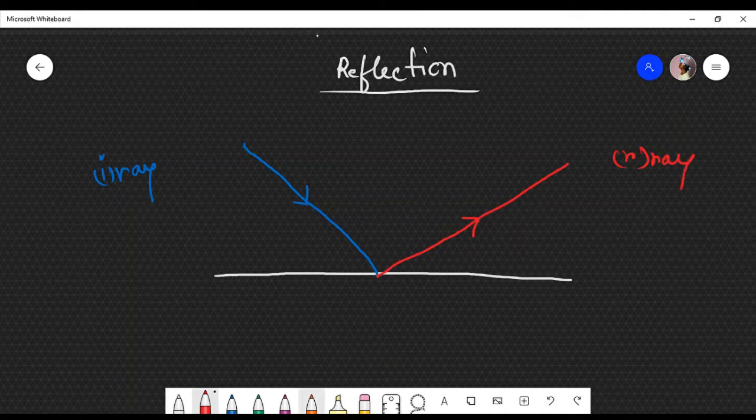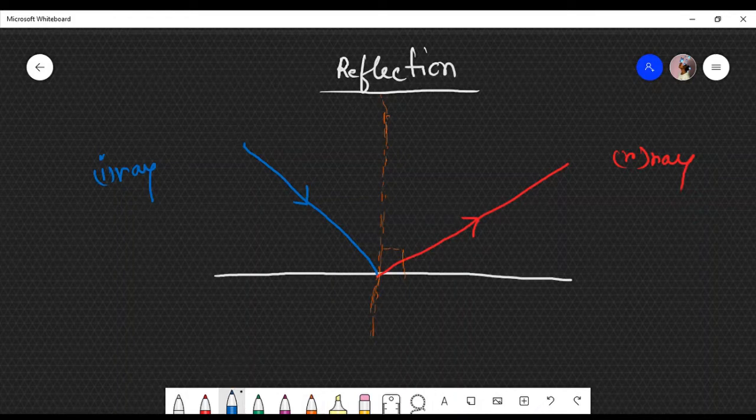And how does this occur, and what is the principle of reflection, or the law of reflection? The law of reflection states that if we draw a normal, which is something that is perpendicular to the plane, so this orange line right here is perpendicular to the plane, so it is the normal here.